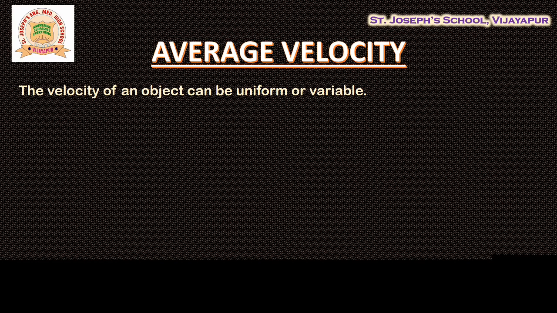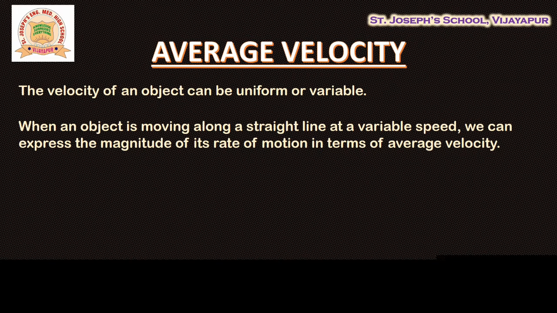This concept is useful because all objects do not always move in uniform motion. Some objects move in uniform motion while others move in variable or non-uniform motion. When an object is moving in a straight line at a variable speed, we can express the magnitude of its rate of motion in terms of average velocity. Imagine a jogger in a park.